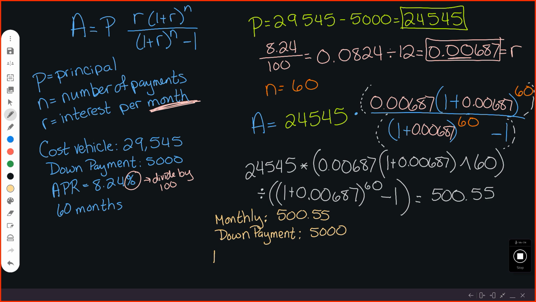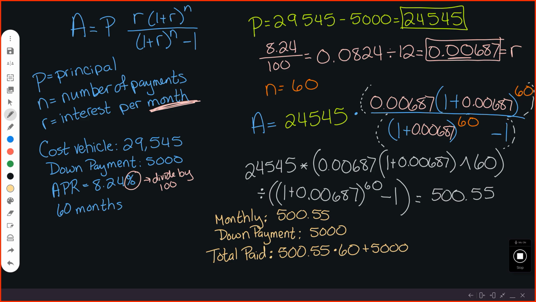So my total paid is $500.55 times 60, because I have to pay that 60 times, plus 5,000. There we go.